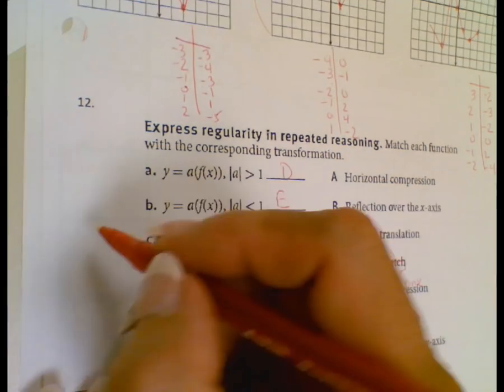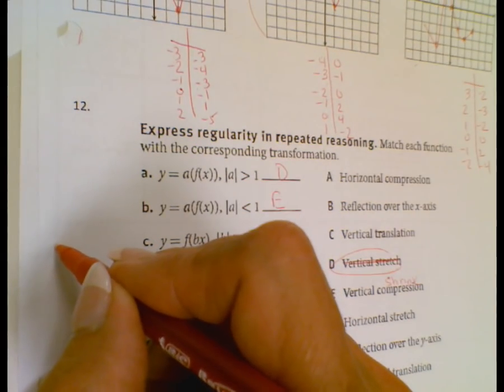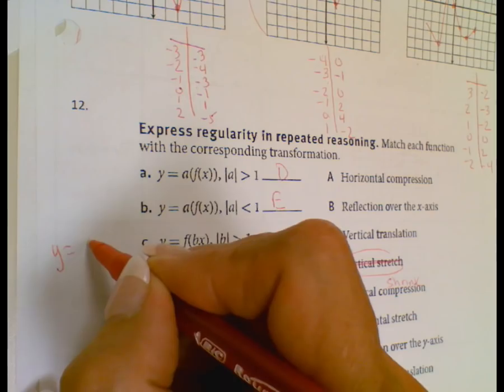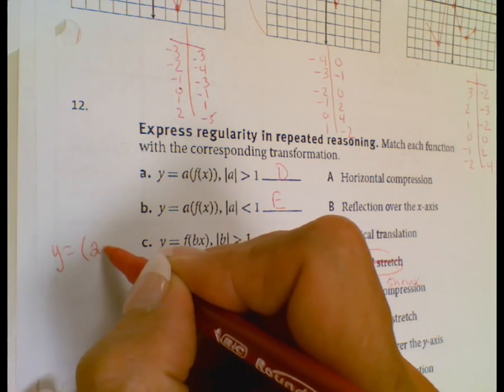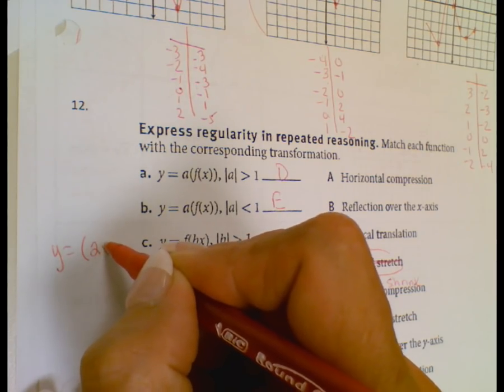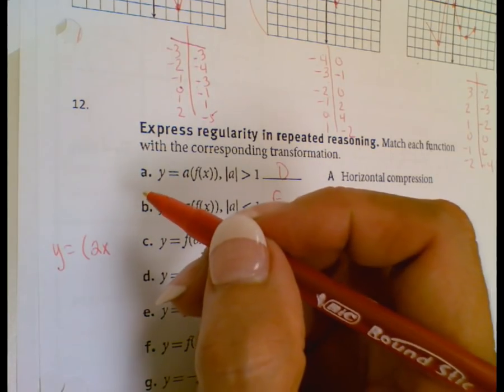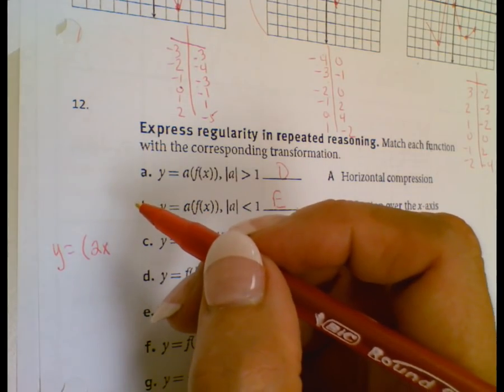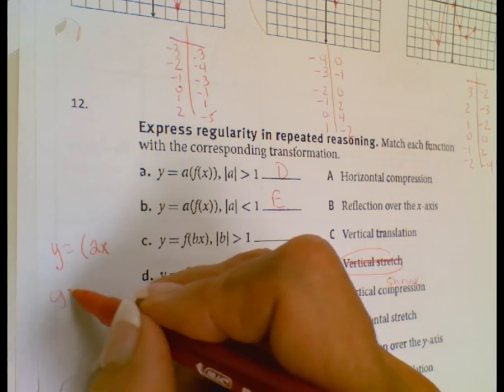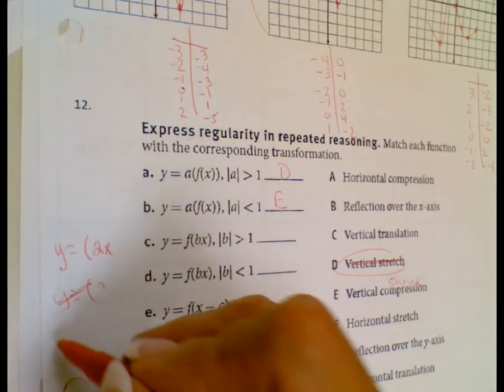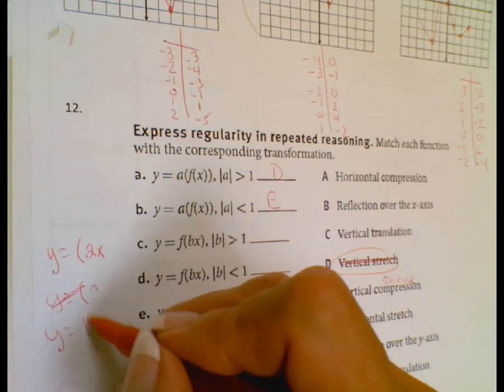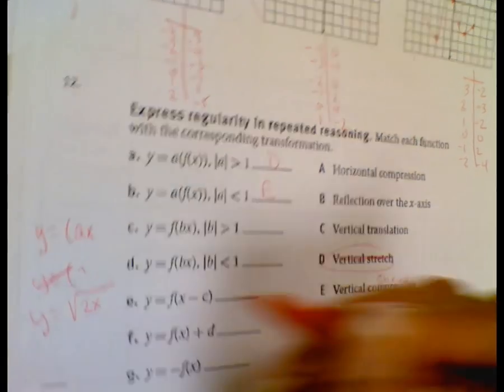So I'm going to give you an example. If I said y equals 2x squared... oh, that's not what I'm thinking. Let me do a radical. What if I had this?